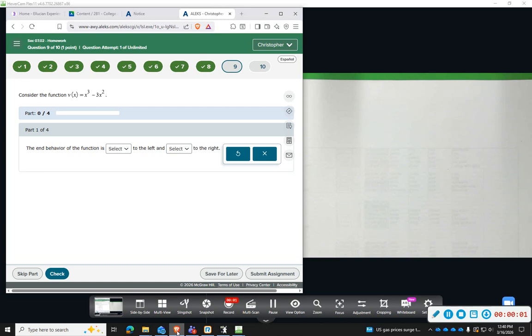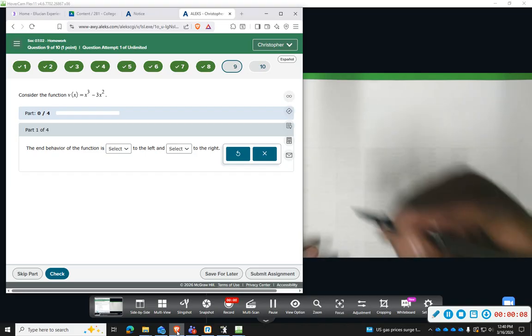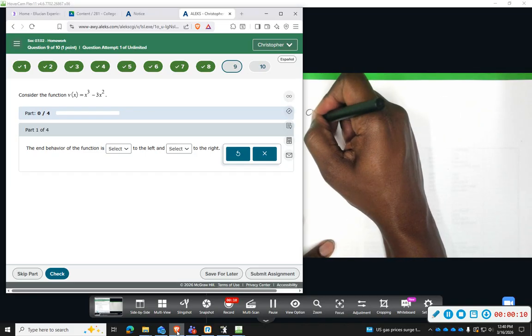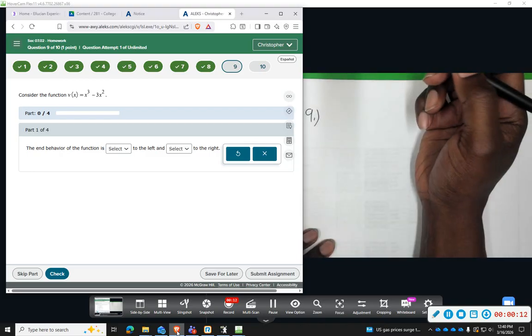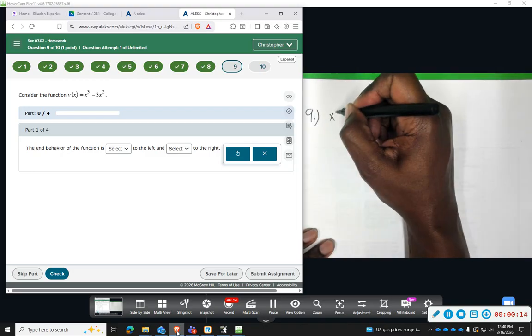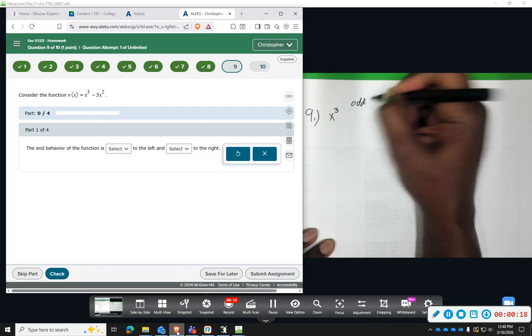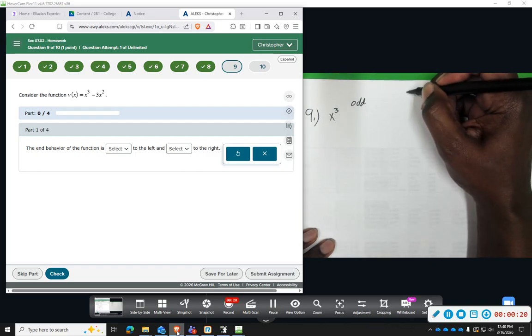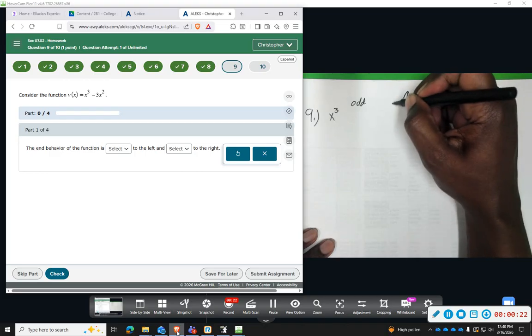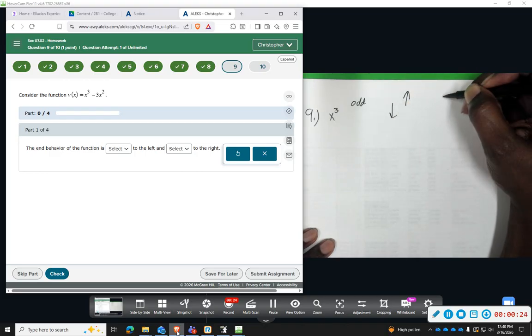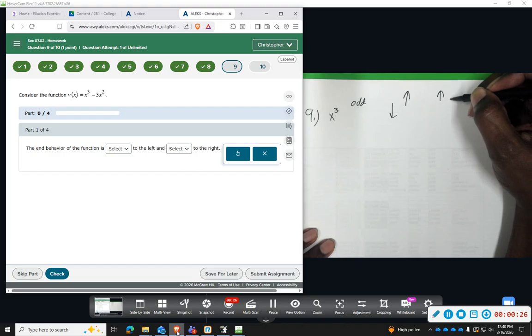Number 9, we're going to consider the function, and we want to determine the end behavior. What we see here is x to the third, so that's odd. Odd is either right up, left down, or left up and right down.